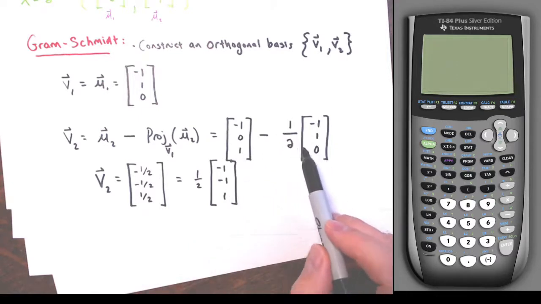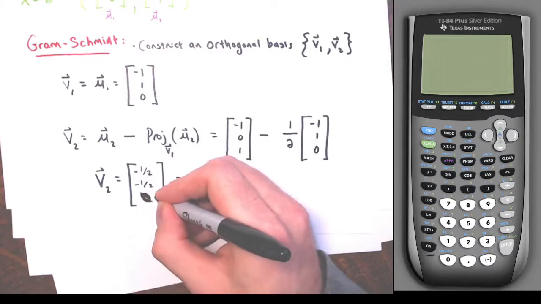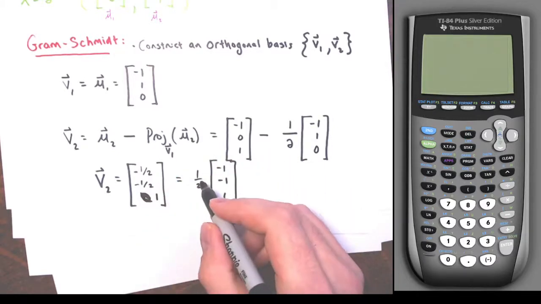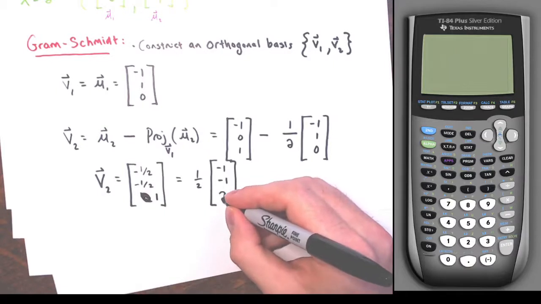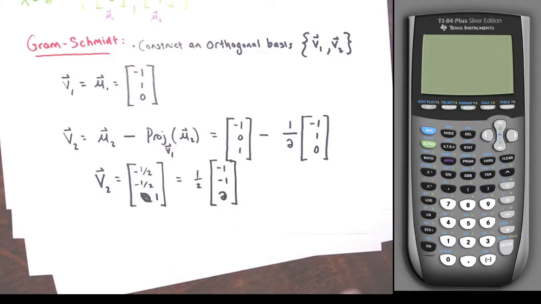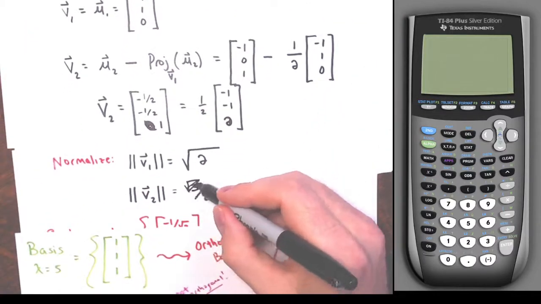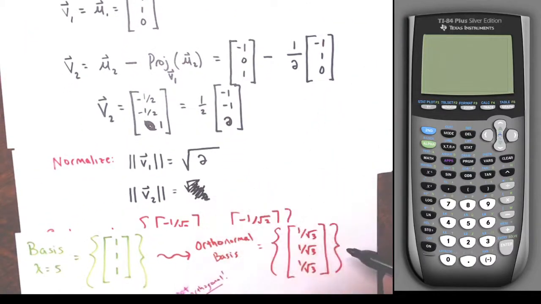I did 1 minus 1/2 for some reason. This should be 1 down here. So when I pull a 1/2 out, this component is 2. So it's half of negative 1, 1, 2, not half of negative 1, 1, 1. And that changes this right here. So again, my apologies.